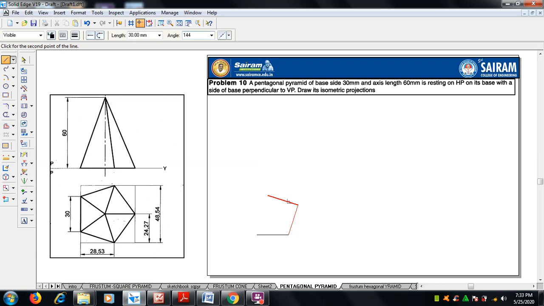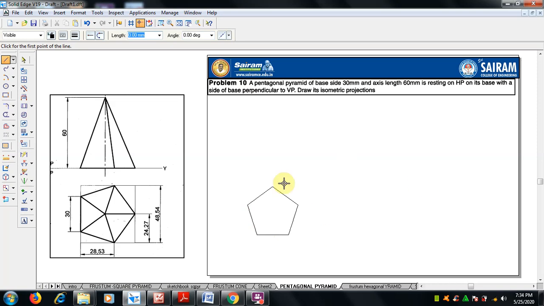And again 30, 144, isn't it? So 144, and here 30, 144 plus 72, that is here 216. Again you have to complete it, how much? So 30, 216 plus 72, so 288.